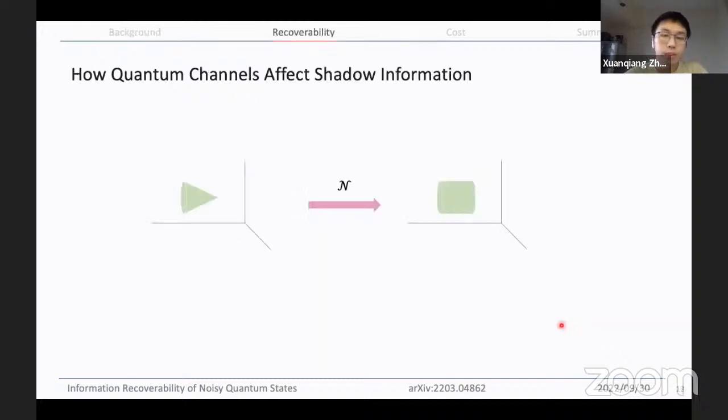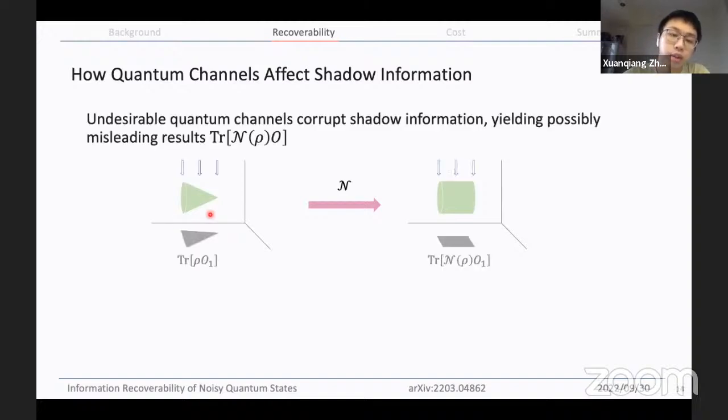So we know that during the process of computation, the noise can affect the states of the quantum systems. For example, the cone shown on the left is transformed into a cylinder on the right. And it will also change the shadow information encoded in the states. So if we observe both objects from the top, we will see totally different shapes of shadows.